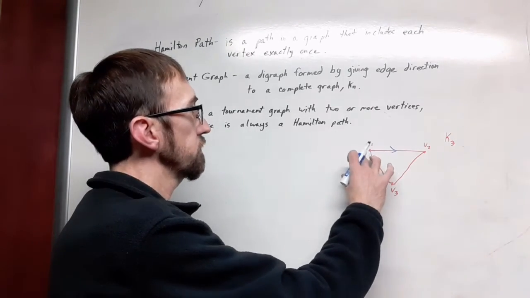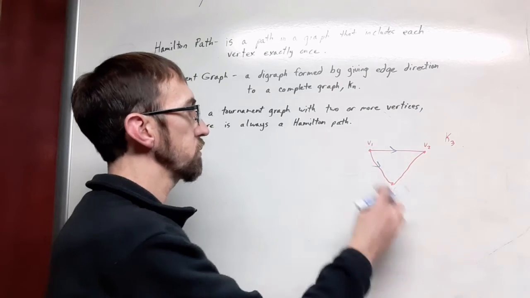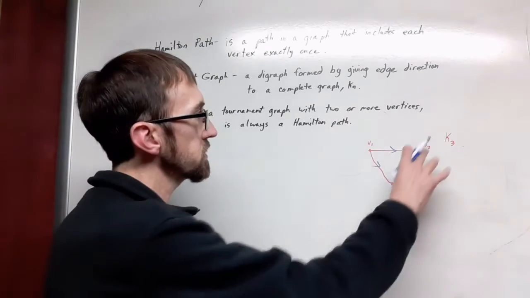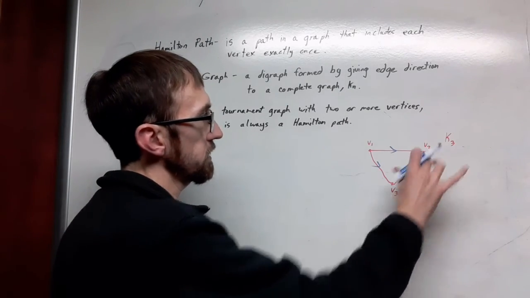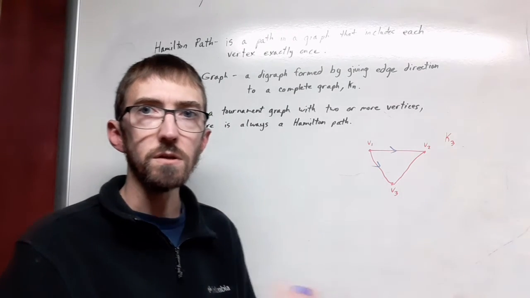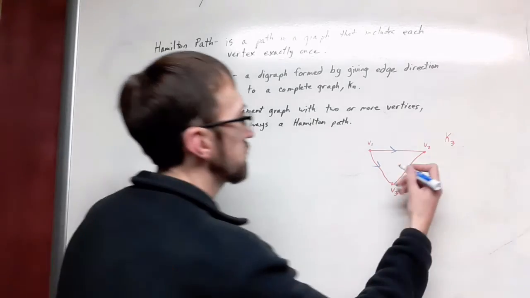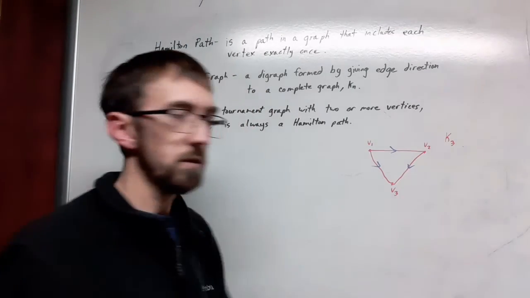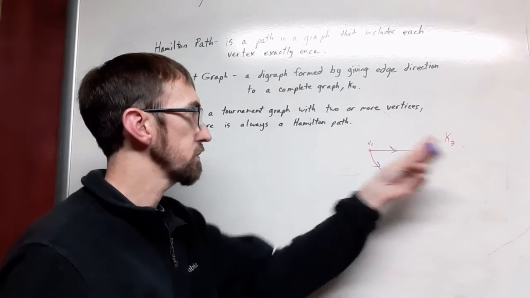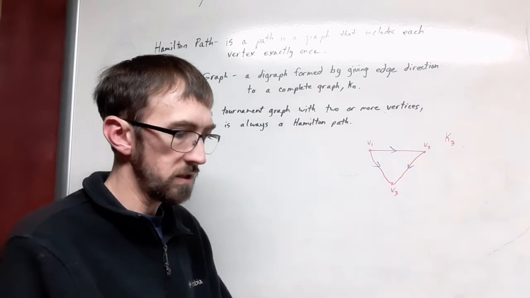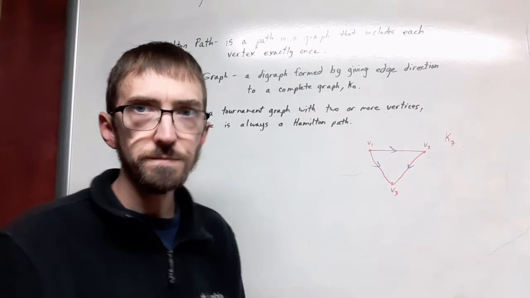And so V1 has to play V2, V1 has to play V3. And so at some point, V3 and V2 are going to have to play each other. And so you have to add a direction on who's going to play where. And so we'll just, without loss of generality, choose V2 playing V3 at V3.